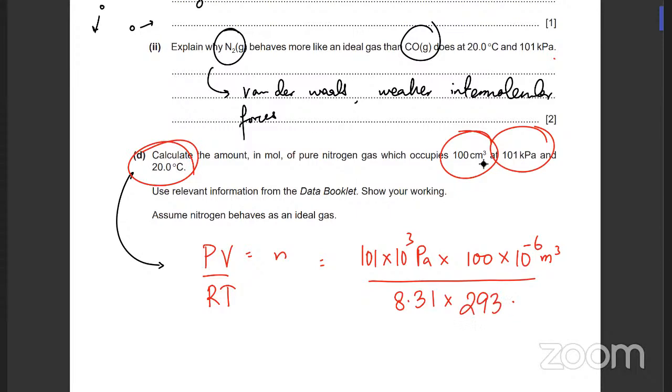Make sure you practice with your calculators as well, because that is very important. Try and find what the answer is. All kinds of silly mistakes can happen on your calculator, so be very careful with your calculators.